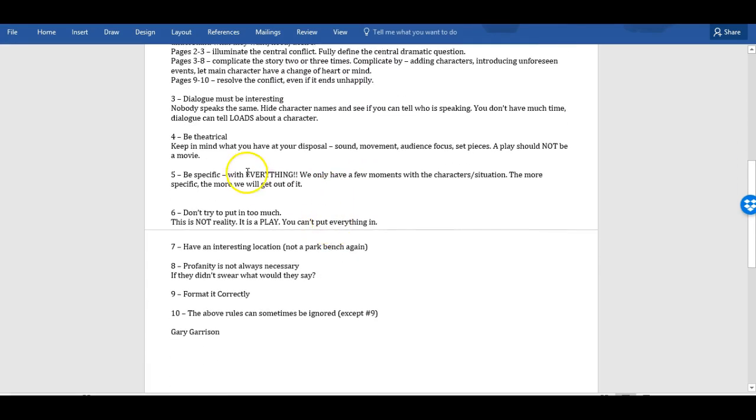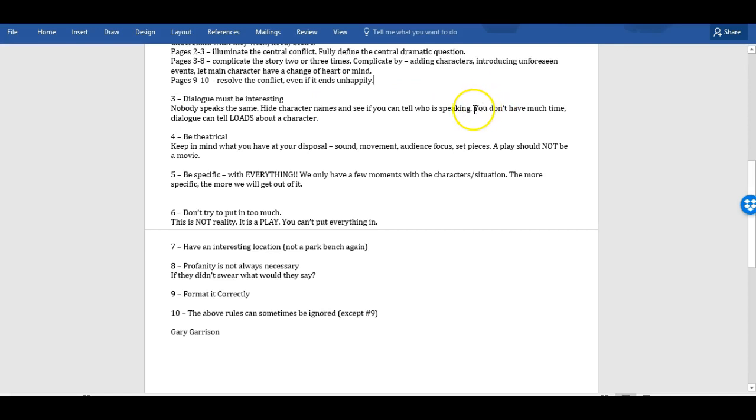Dialogue. Should be interesting. Nobody speaks the same. You should be able to hand your play to somebody without the characters labeled, where it says Sally, blank, blank, this is what she says, without the character's name in it, and somebody should be able to tell when one character is speaking as compared to when another character is speaking. Ask yourself if you can do that.